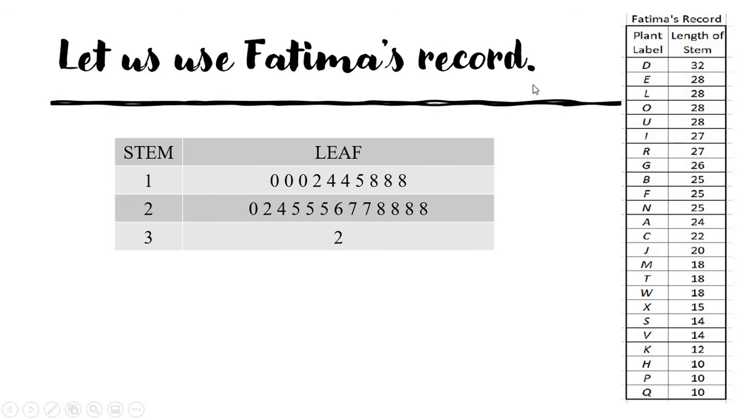And for the 2, ito yung mga leaf niya. Sundan natin. 0, 2, 4, 5, 5, 5, 6, 7, 7, 8, 8, 8, 8. So, yan yun. And then, for the 3, isa lang, 32, kaya 2 lang yung leaf natin.